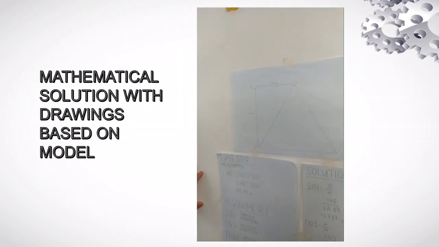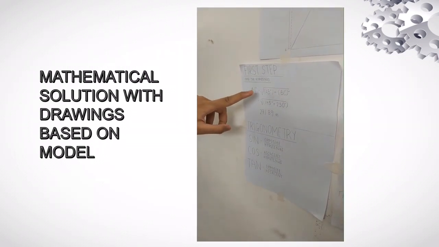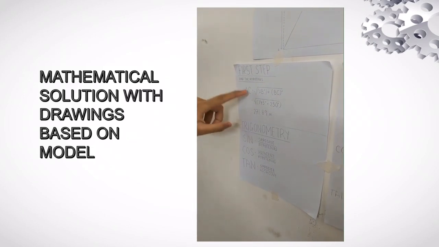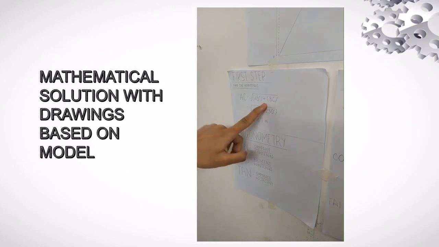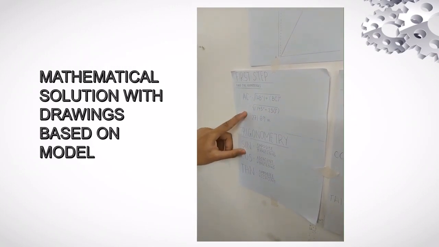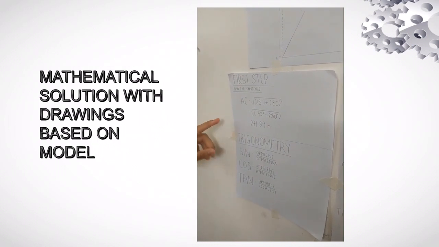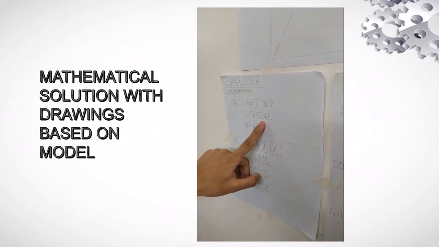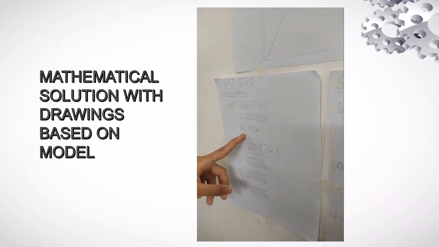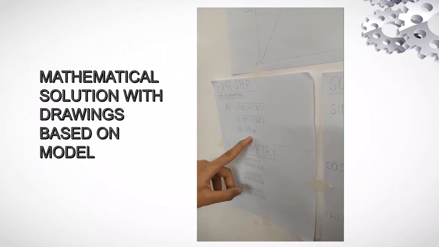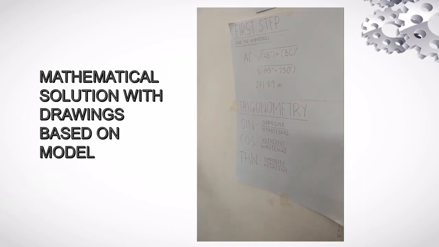First step, we should find the hypotenuse AC, which equals the square root of AB squared plus BC squared, equals the square root of 145 squared plus 230 squared, equals 271.89 meters.